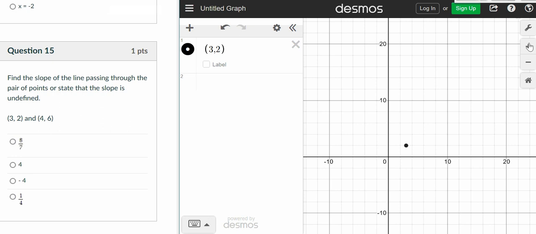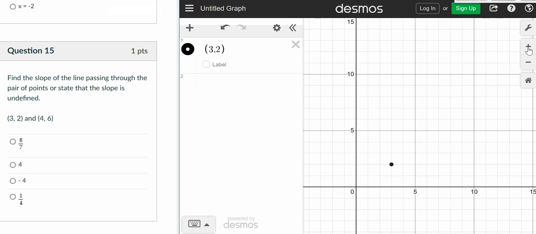We may make the unit bigger. 3 is here, 2 is here. So if we click on that, 3, 2. And then 4, 6. We may do 4 and then 6. So you can see the red one. 4, 6 is right here.